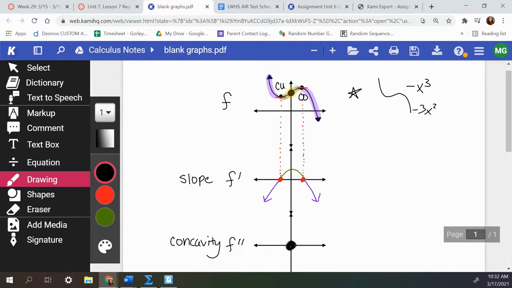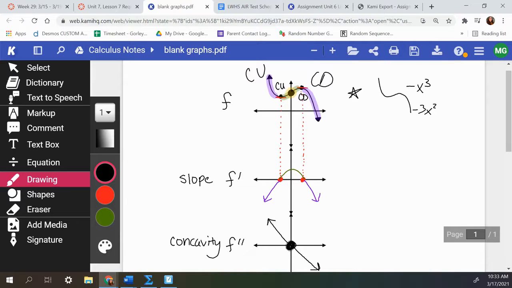If it's concave up, then I'm going to graph the second derivative above the axis. And where my original function was concave down, should it go above or below the axis? It should go below the axis. Okay, right? The original function was concave up, then we hit the point of inflection, and then it was concave down. So we had above the axis, we have our x-intercept, and we have below the axis.